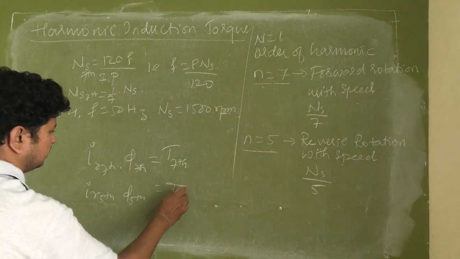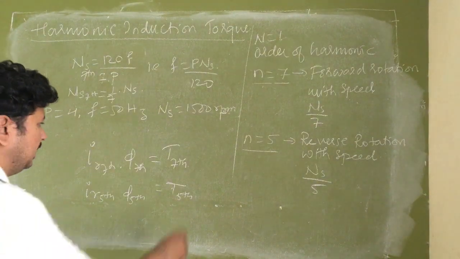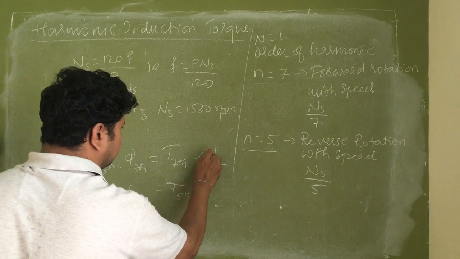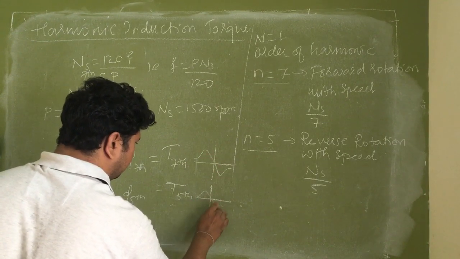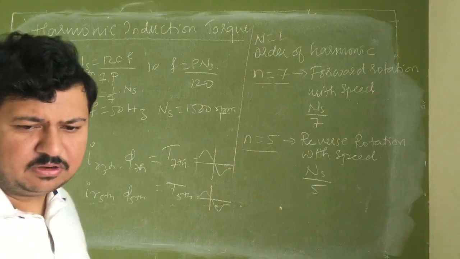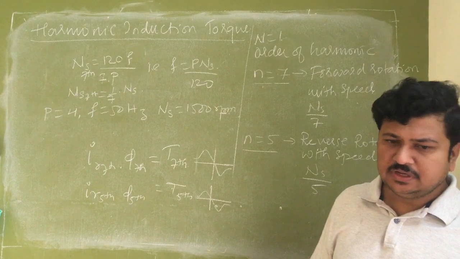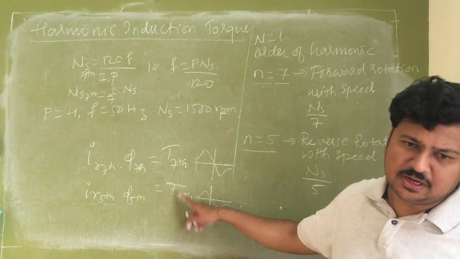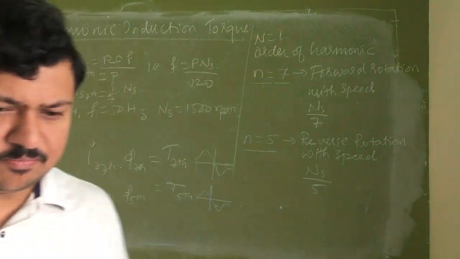It will produce the 5th order torque, and both will have characteristics exactly the same as those of the fundamental wave, but the magnitudes will be less. The magnitude of the 7th order and 5th order torques will be much lesser than the magnitude of the fundamental torque.